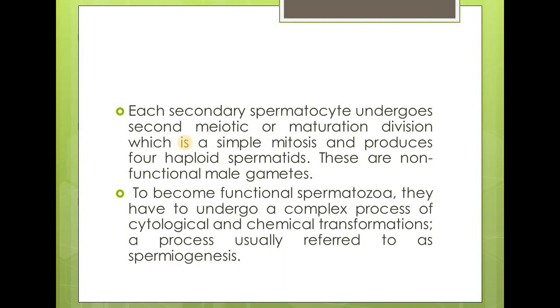These undergo the second meiotic or maturation division, which is a simple mitosis, and produce four haploid spermatids. These are non-functional male gametes, and they become functional spermatozoa through a complex process of cytological and chemical transformation, usually referred to as spermiogenesis.